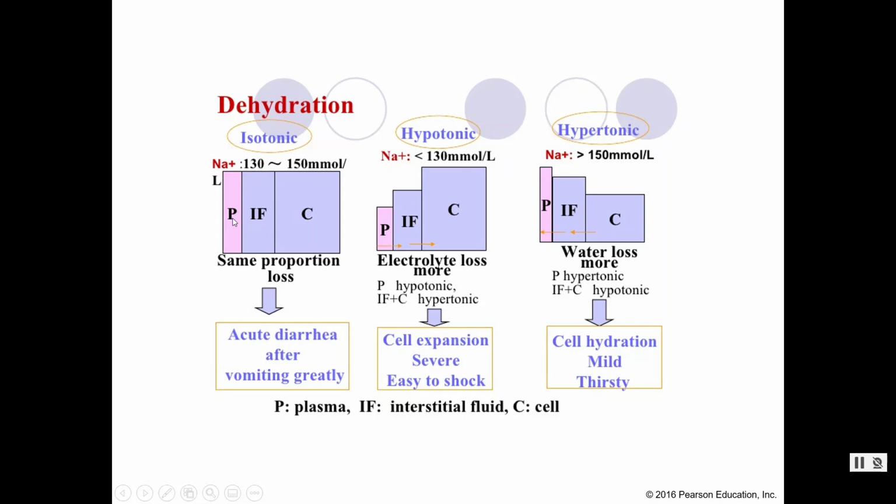P is plasma, IF is interstitial fluid, so your extracellular fluid. C is your cell, so your intracellular fluid. Notice that we have no arrows like we do on our other two pictures, indicating that we are not having net water movement in one direction or another because we are losing both water and solutes.